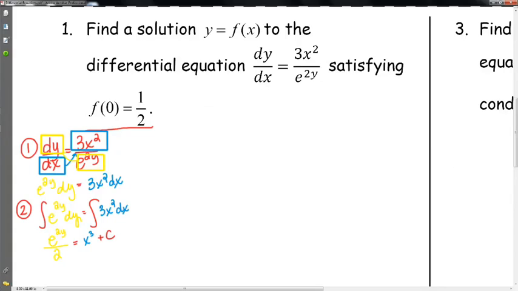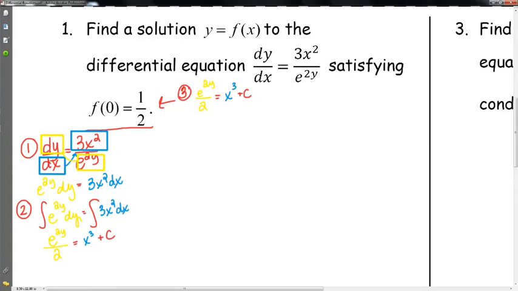Next, we're going to use our initial condition to solve for c. So that's our third step. We're solving for c. So we have e to the 2y over 2 is equal to x cubed plus c.